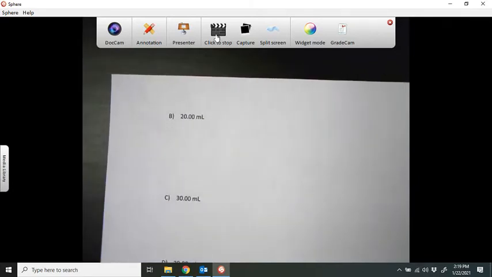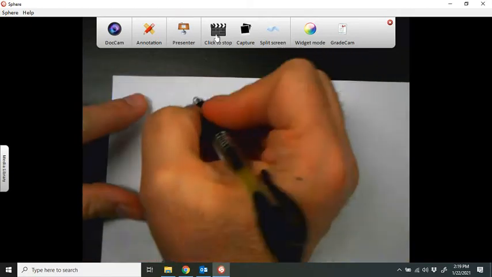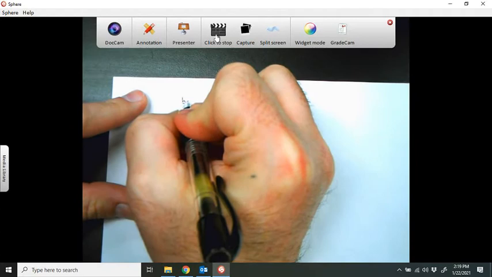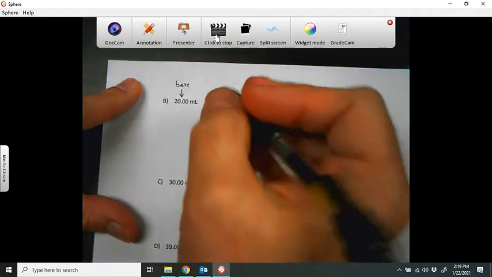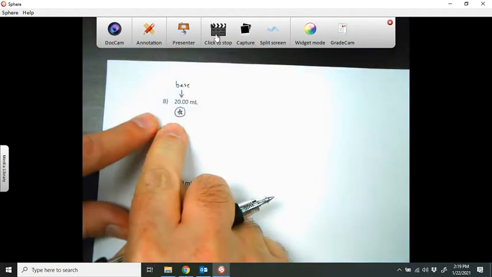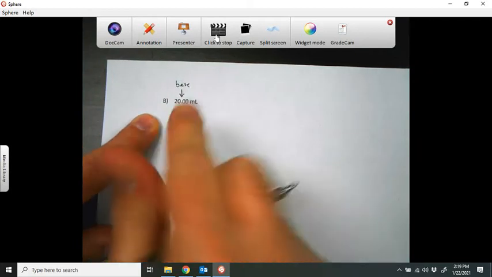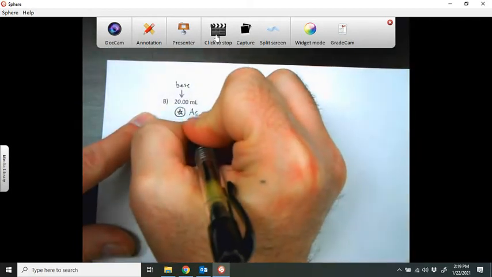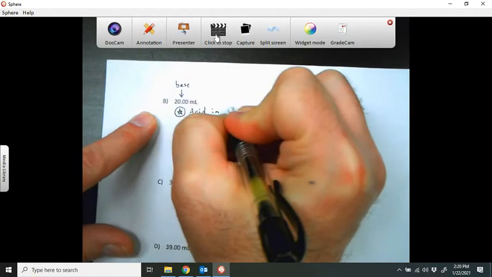And what we have to do is find how much acid or how many moles of acid we have and how many moles of base we add in. Again, these values the whole way down are going to be for the base. We are going to do this step only once, this one that's starred. And this is going to be how much acid is in the flask.